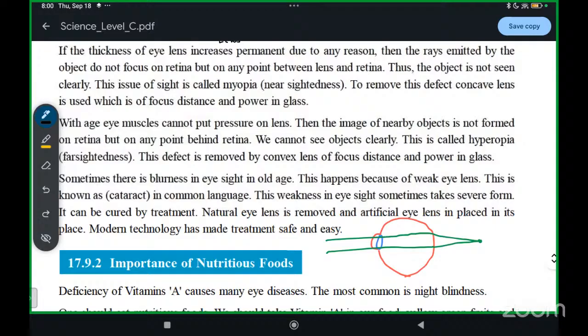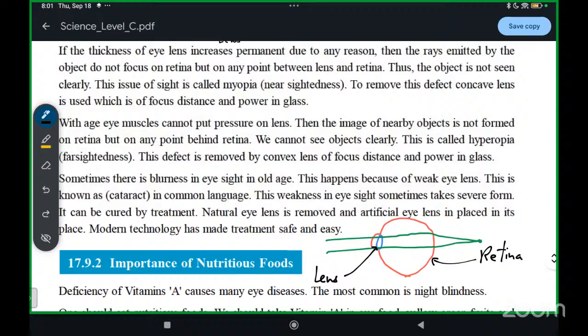This is the retina. This is the lens. So they will meet at the back of the retina. When this condition happens, it is known as hypermetropia or hyperopia.